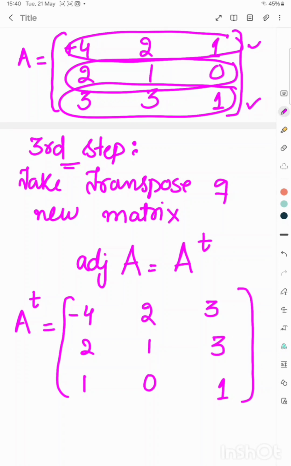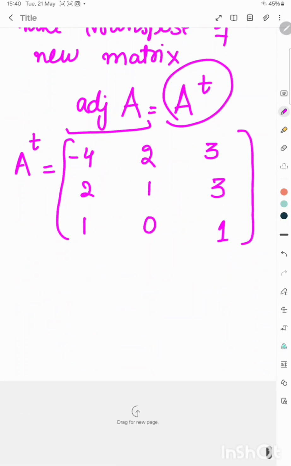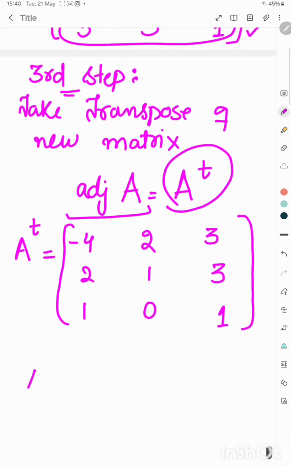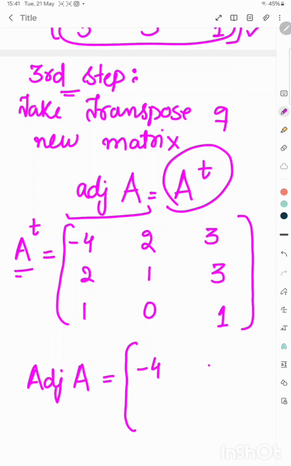Okay, now student, as you know that the transpose is equal to the adjoint of A, so I will write here adjoint of A, and I will write the same matrix again, that is -4, 2, 3, 2, 1, 3, 1, 0, 1.